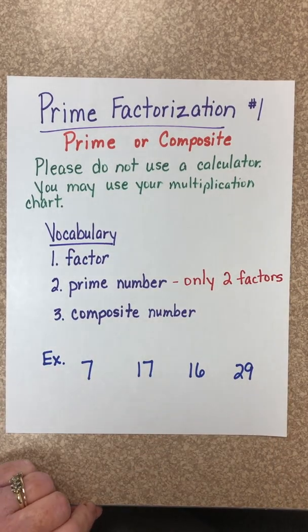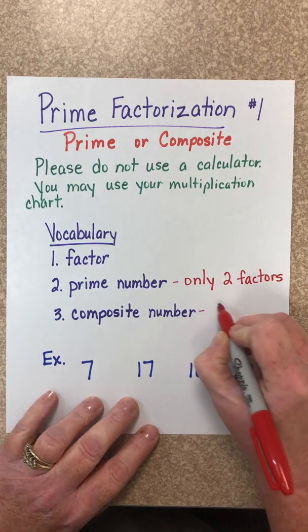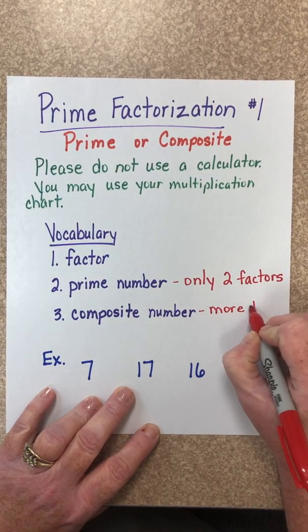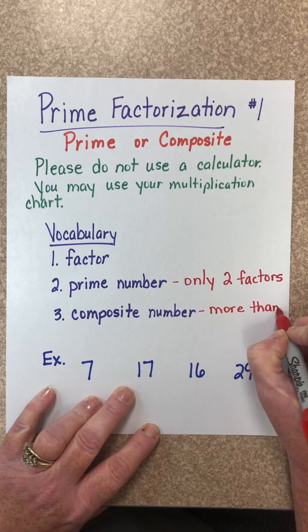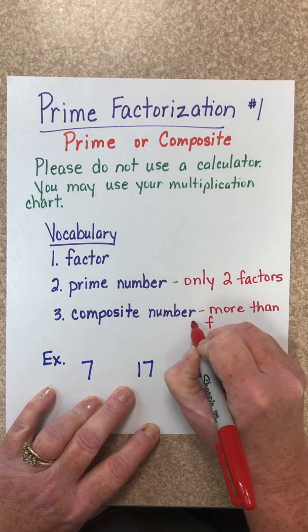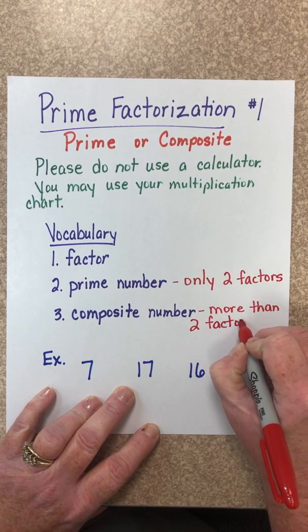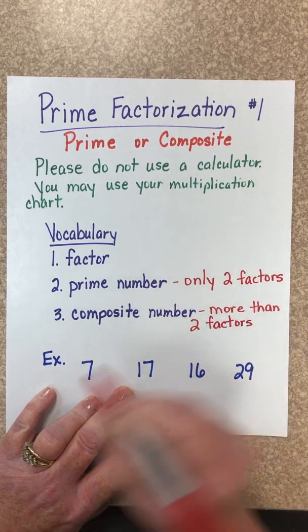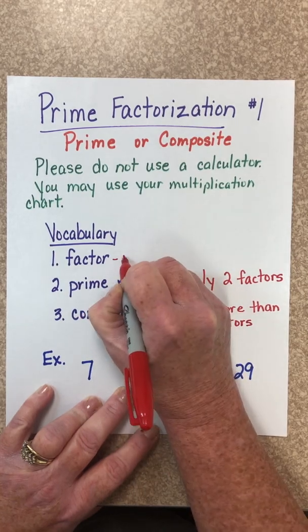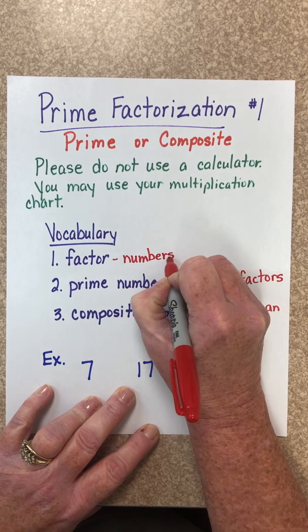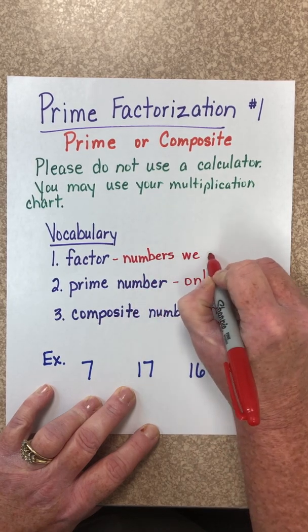And a composite number is a number that has more than two factors. And let's go back up here and just say that those are numbers we multiply together.